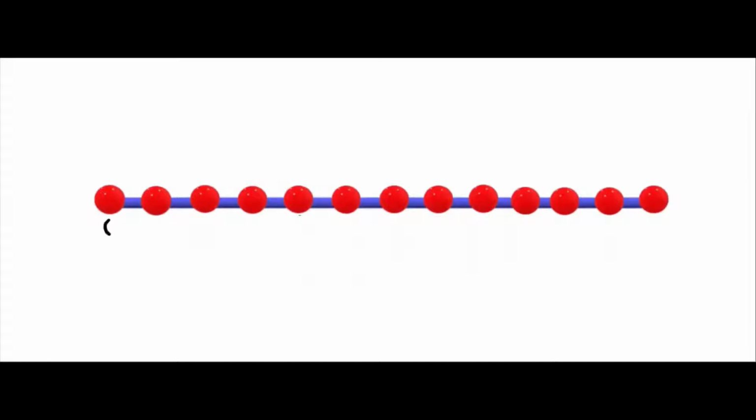This is 0, 1 quarter, 2 quarter, 3 quarter, 4 quarter. This is 1. 1, 2, 3, 4. This is 2, 3. Now here there is a payment.